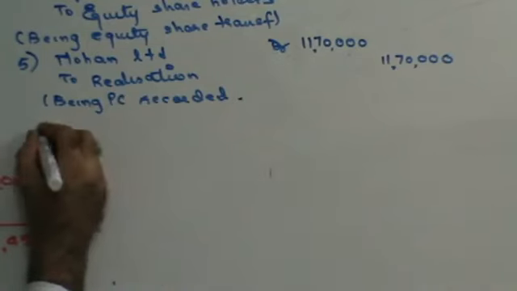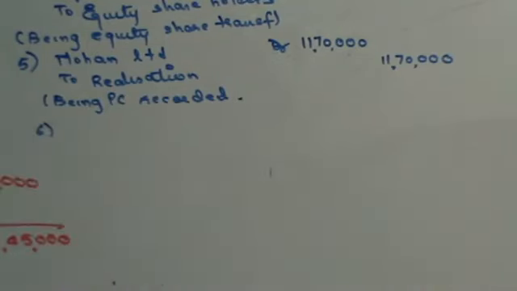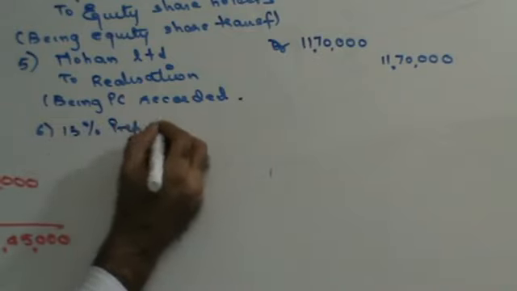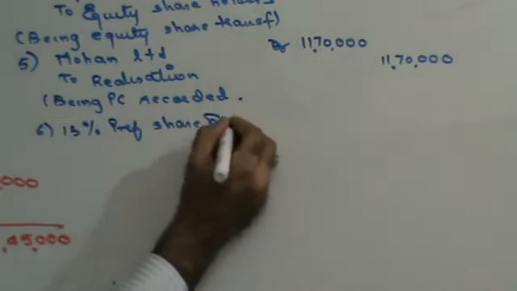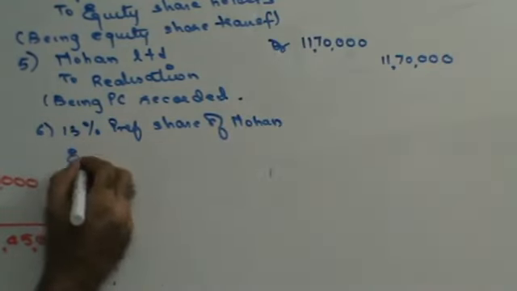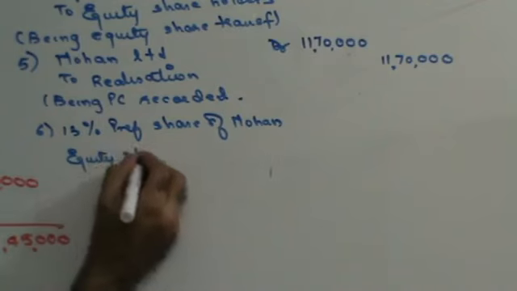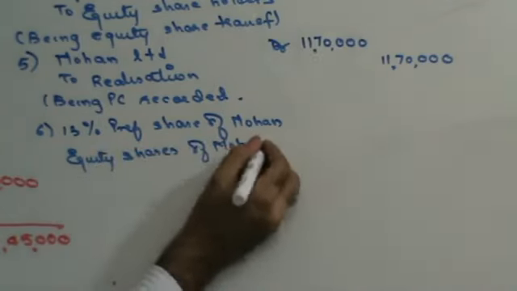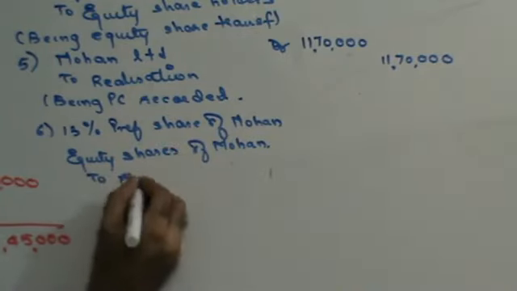Then you have to receive the PC. What are they giving you? They are giving you 13% preference shares of Mohan Limited. They are giving you equity shares of Mohan Limited to Mohan Limited.